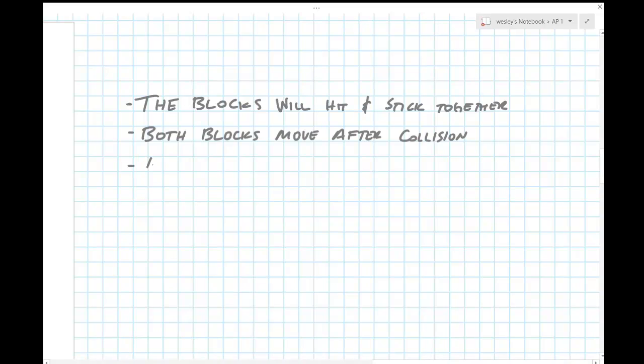Here's a fun thing. The velocity after the collision is the maximum velocity of the oscillator.